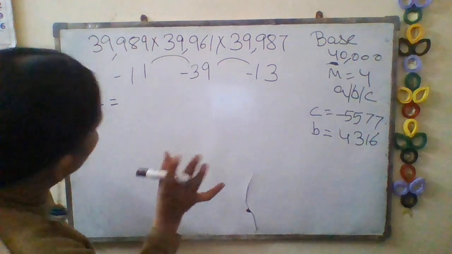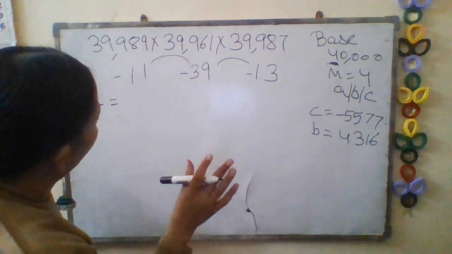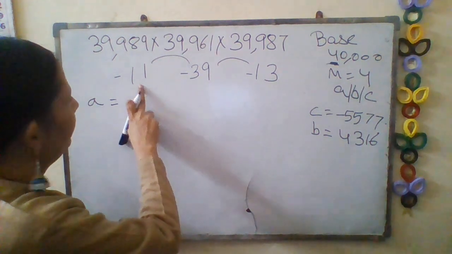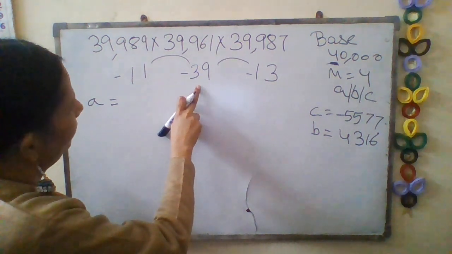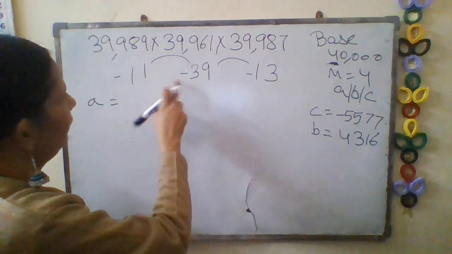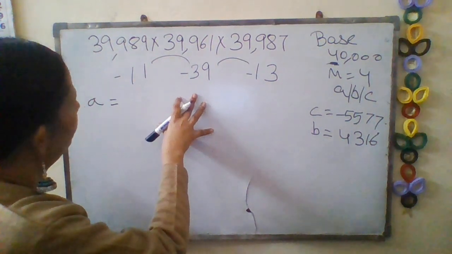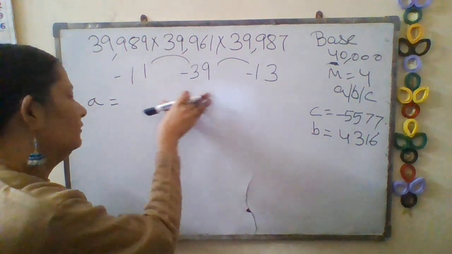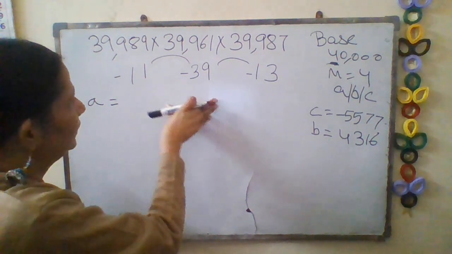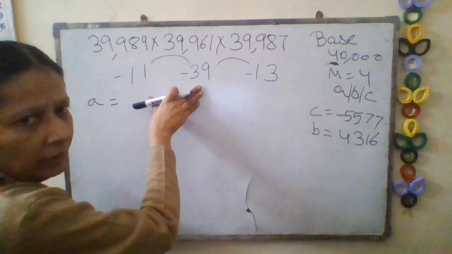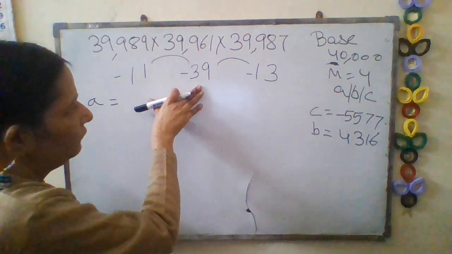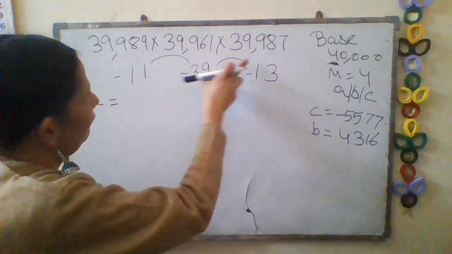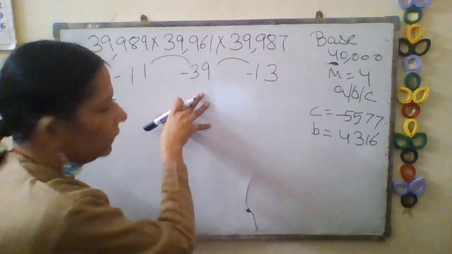Okay. Now see, I told you that try to make your calculation easy. Now see, 11 and 39, minus 39 and minus 11, 30, 40, 50. In your mind only you can do it 50. Okay. You convert, you take the digits where you can make the calculation easy. See, here it will become 50. Okay. This will become minus 50. And if you will subtract minus 50 from the number, it will be much easier.